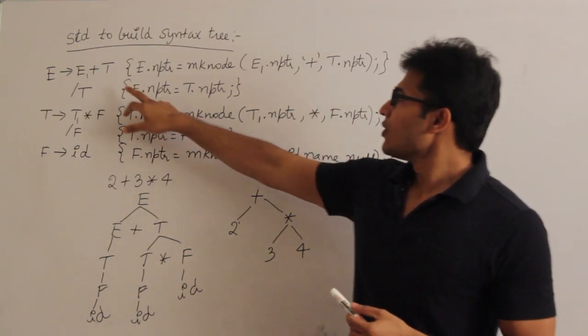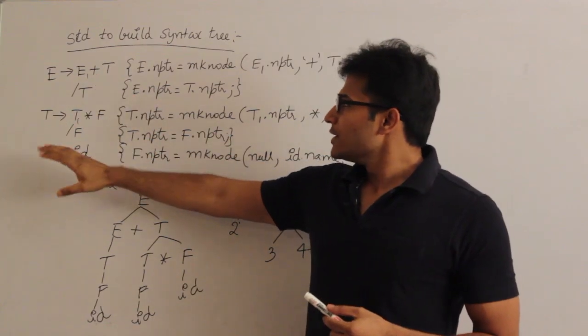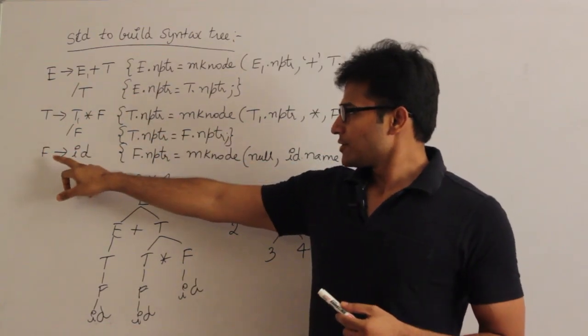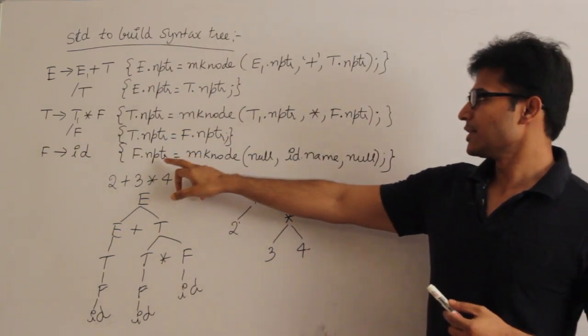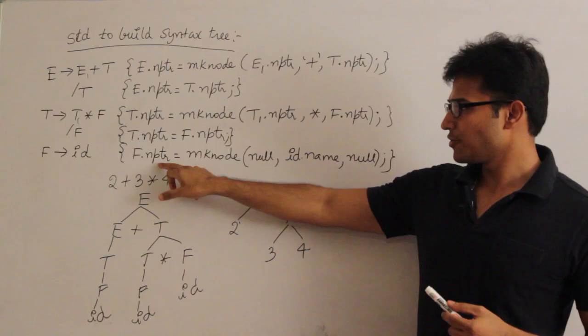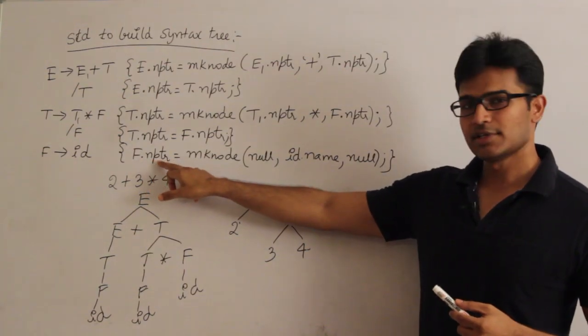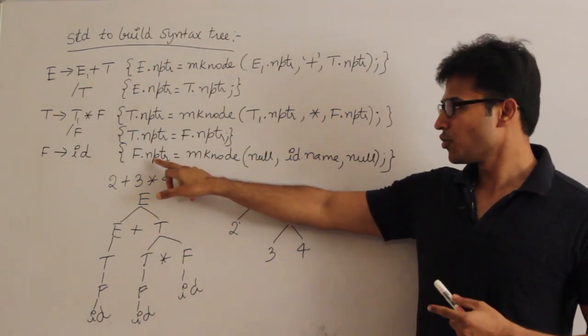Now let me explain all the productions and then the semantic actions. For the production F derives id, looking at the semantic action, F has an attribute, and the attribute of F is F.nptr, node pointer.